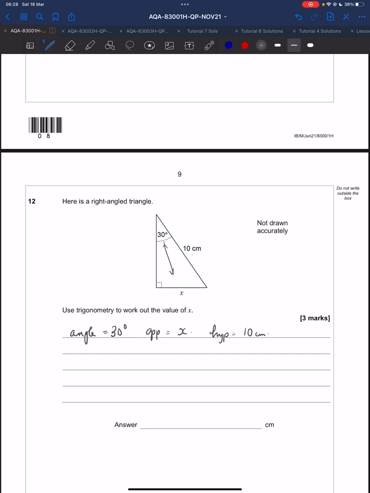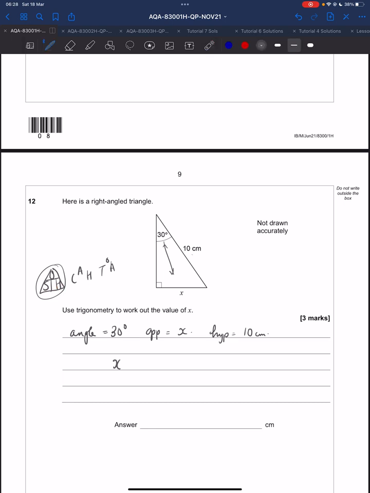So when you've got O and H, if you remember, we've got SOH CAH TOA, O and H. This is the one that we use here. And what we've actually got, we want the opposite. So it's sine of 30 degrees times H, times 10.